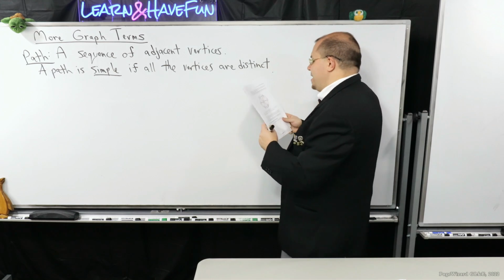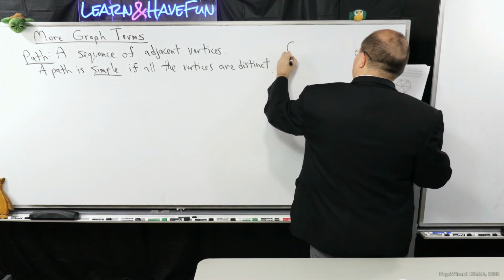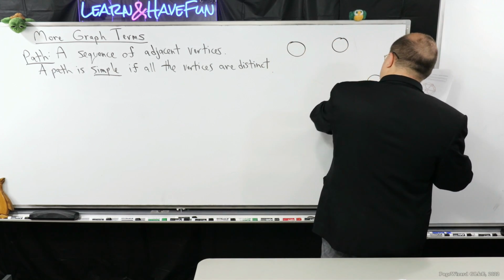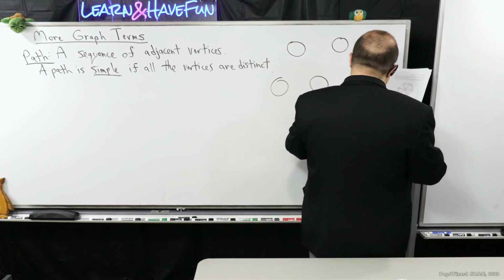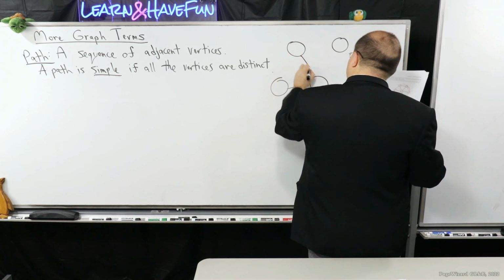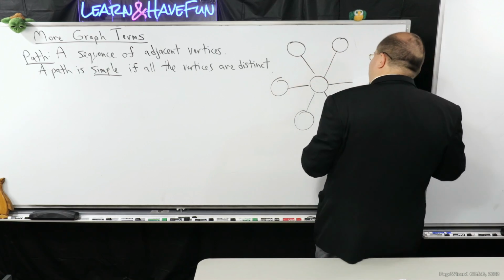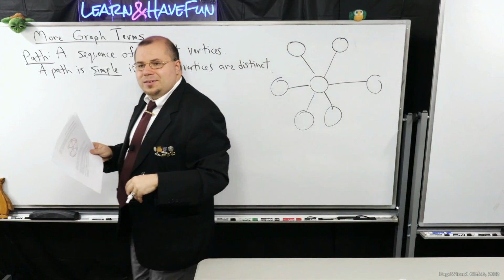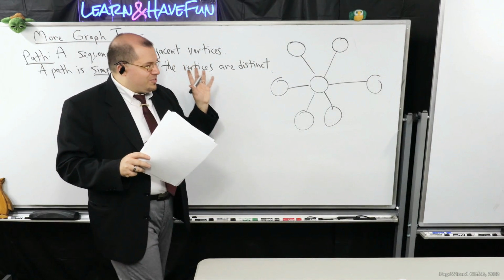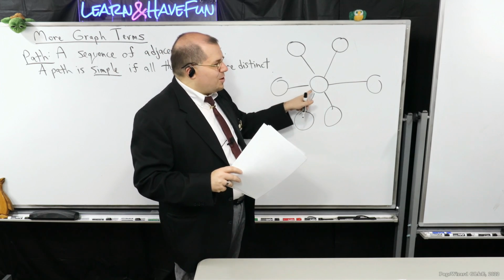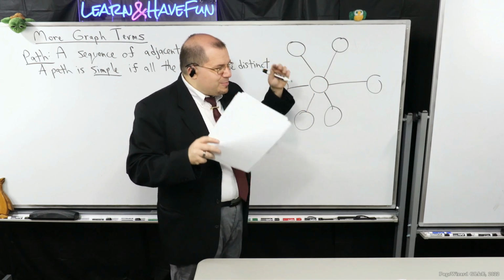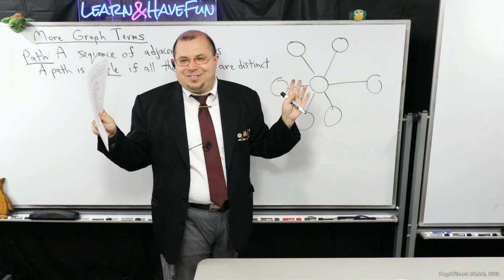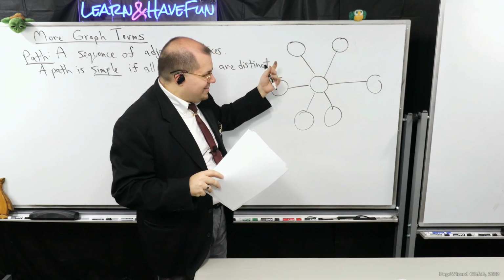So let me give you an example. I'm just going to draw out a graph here. I'm going to draw something called a wheel graph. You first start off with something called a star graph. They call it a star because you have a center to it, and then it has rays that go out of it, like a bright sun, like a star twinkles.